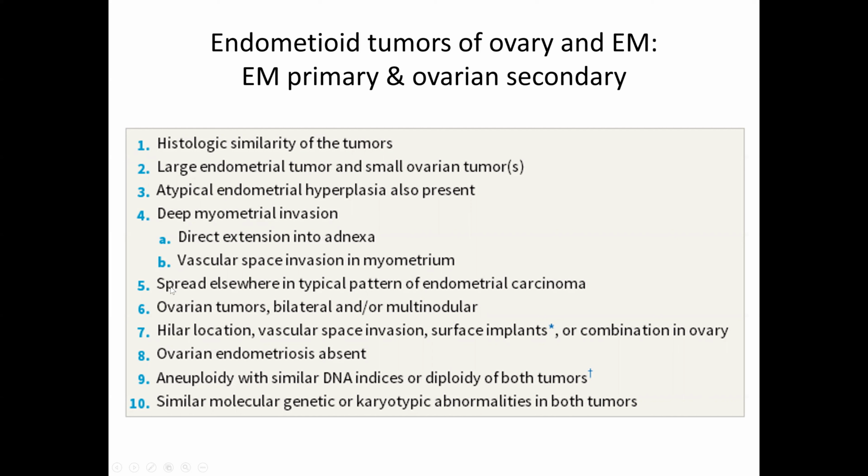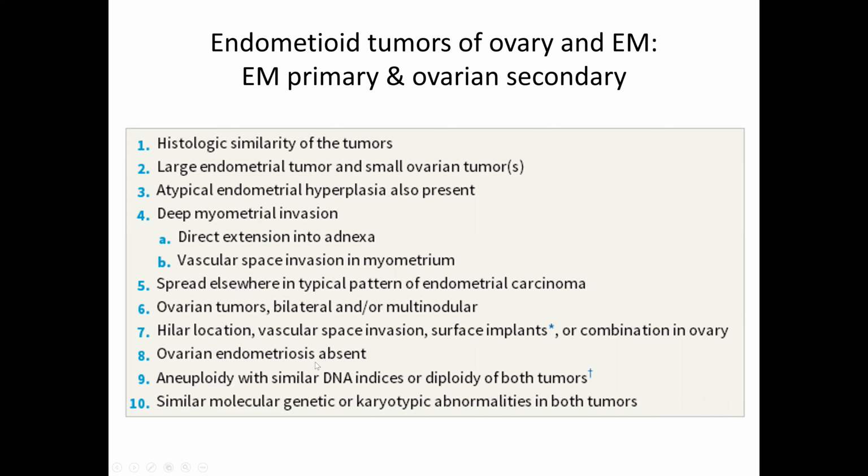Additionally, if we have spread to the peritoneum or to other lymph nodes and so forth, typical of endometrial carcinoma, then that also would argue for that. If our ovarian tumors are bilateral or have multiple nodules, as opposed to a single dominant nodule, that would, again, presage and prefer an endometrial primary.